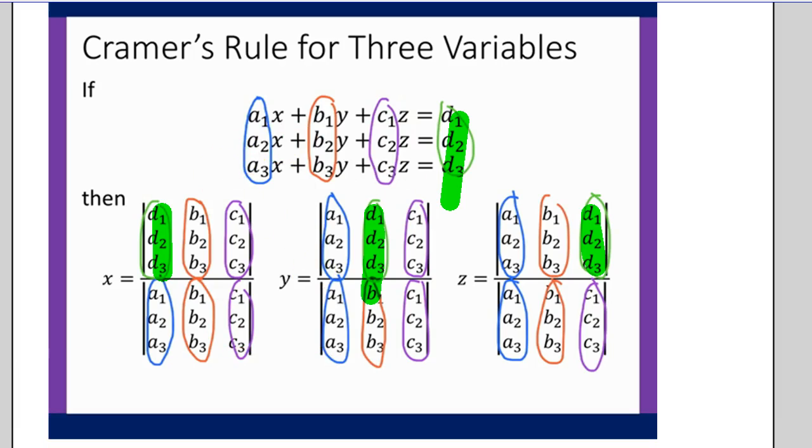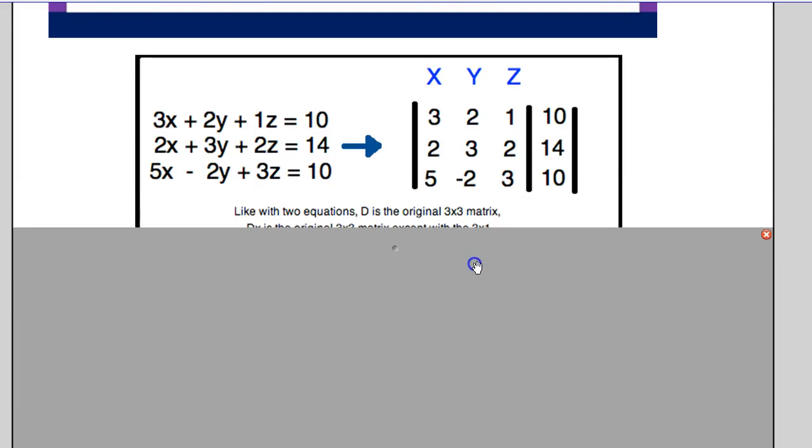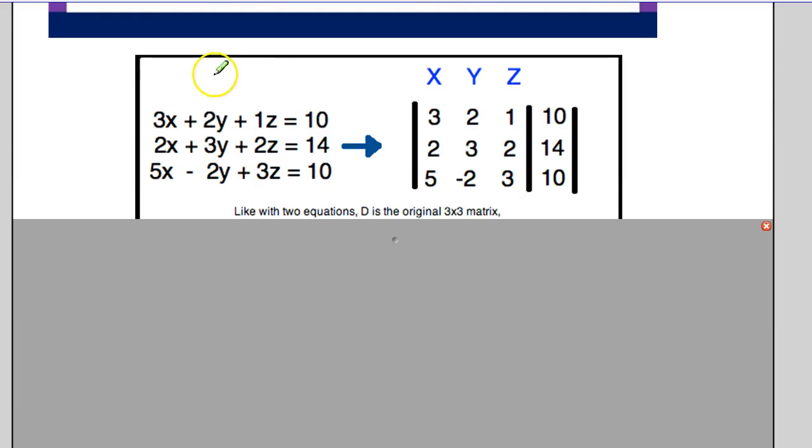Okay, so we're going to take a look at an example. Well, you can figure out how it works. Here's our linear system of equations. Here's our coefficient matrix, our A or our F, depending on how you want to look at it. And our right-hand side is 10, 14, 10.